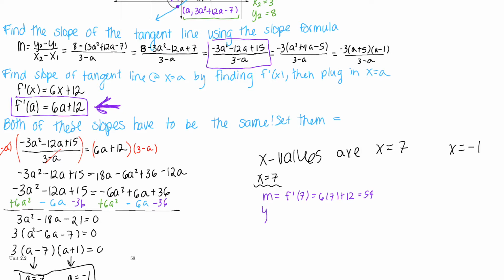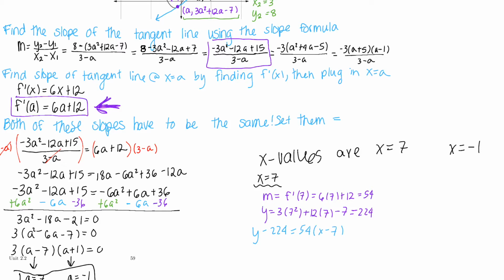Then the y value you get from the original function, which you can secretly see right here. 3 times 7 squared plus 12 times 7 minus 7. And I'm lazy enough that I'm definitely not doing that in my head. So that tangent line, y minus 224, that's y minus y1, is equal to 54 times x minus 7.